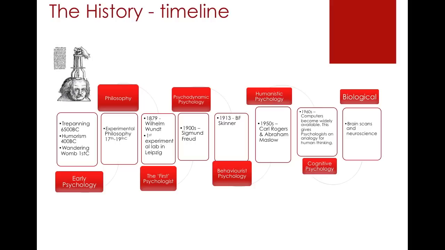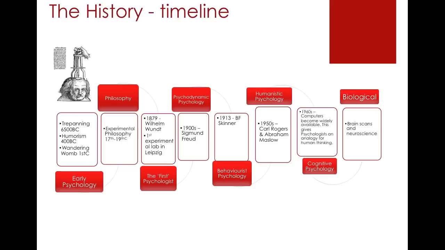The first is trepanning, and this is where, in kind of medieval times, even before that, you see there, that's quite early, 500 BC, earliest examples of trepanning happening, and this is where a hole was drilled into the skull of people that they thought had mental health problems, and there have been various reasons for this.